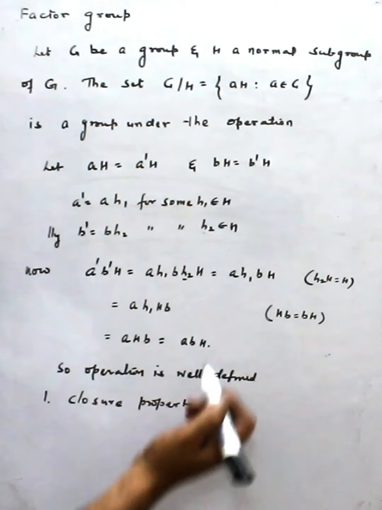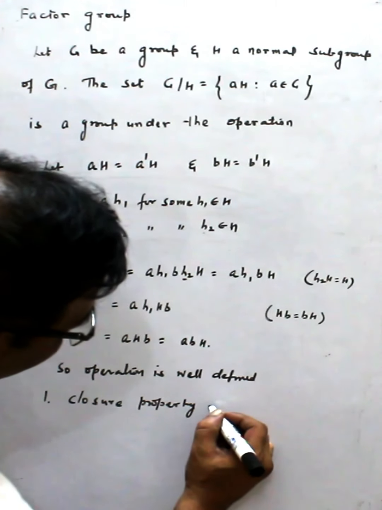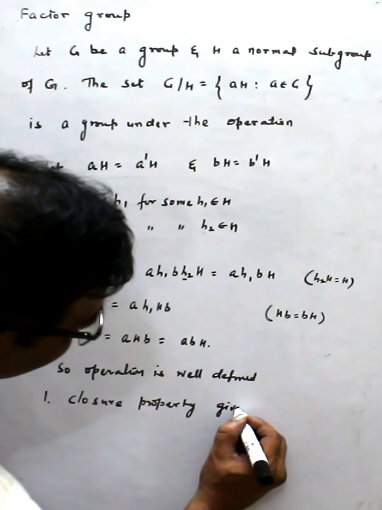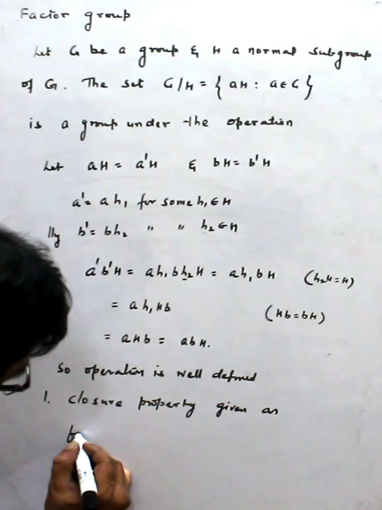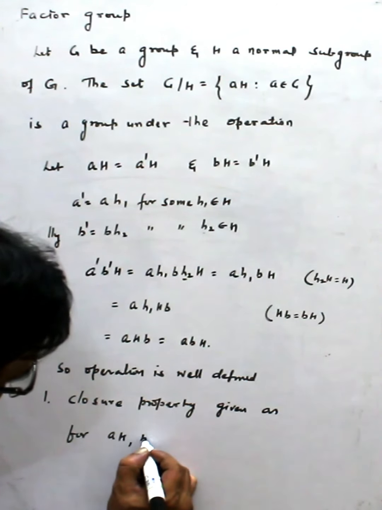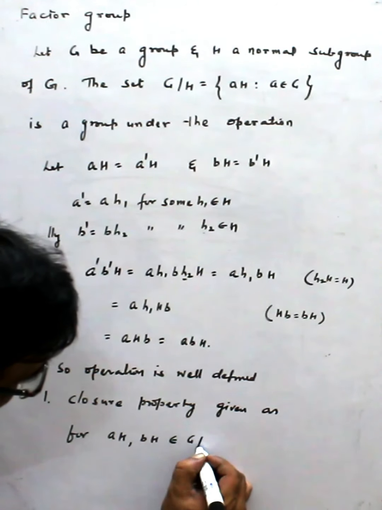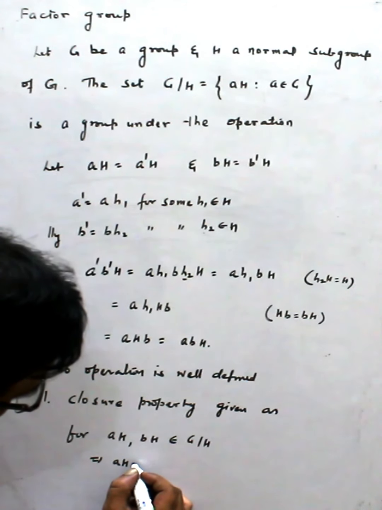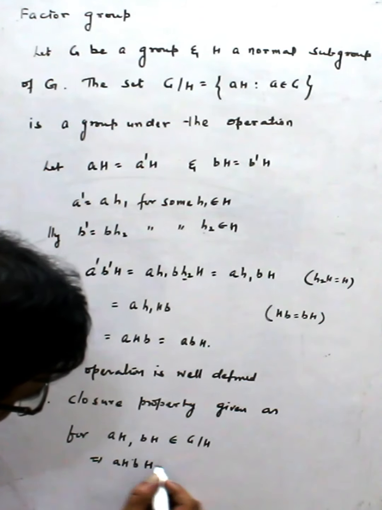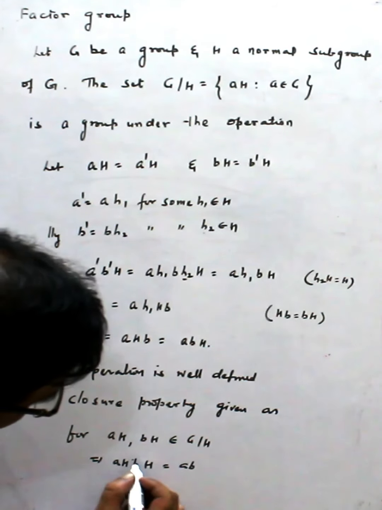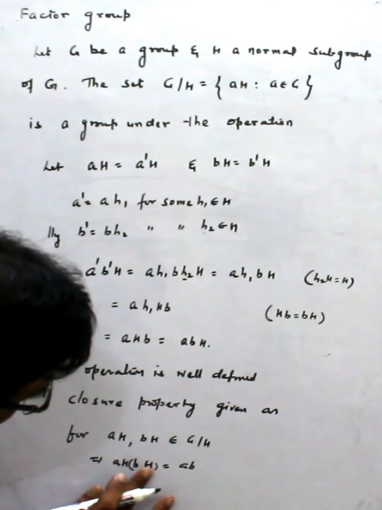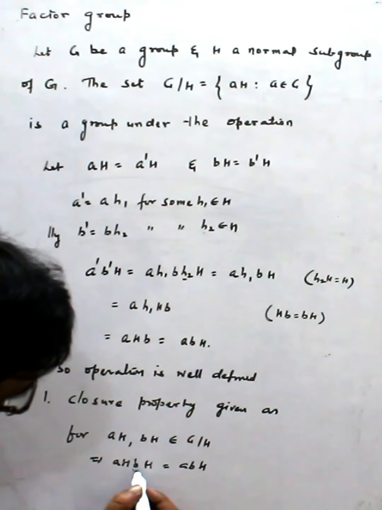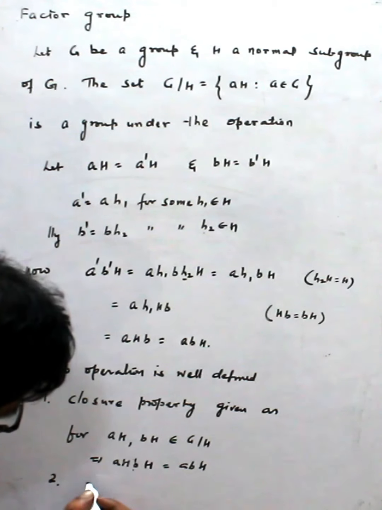Closure property clearly, or you can say given: for aH, bH belonging to G/H, we have aH bH equal to abH. It is by definition.